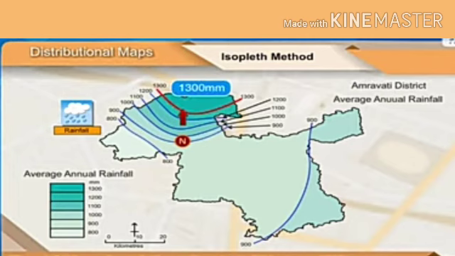Now friends, let's see the example of isopleth map. In this map, we can see the rainfall of Amravati district.